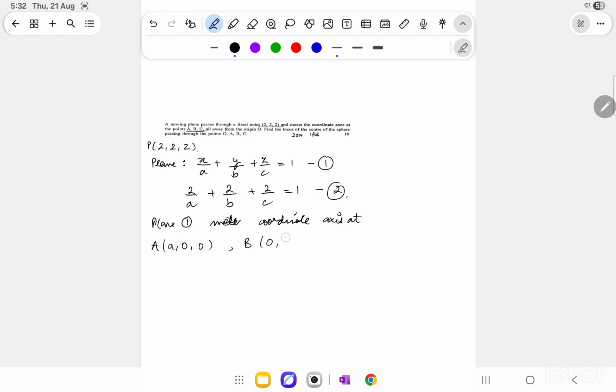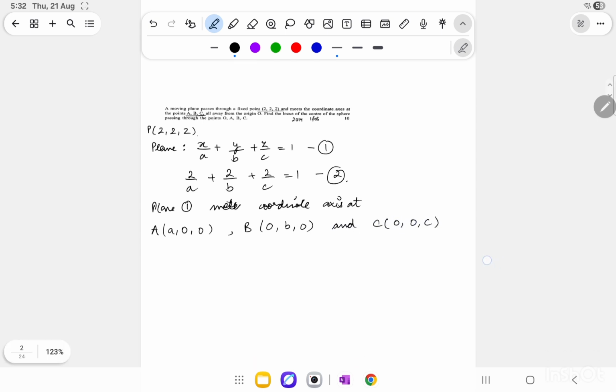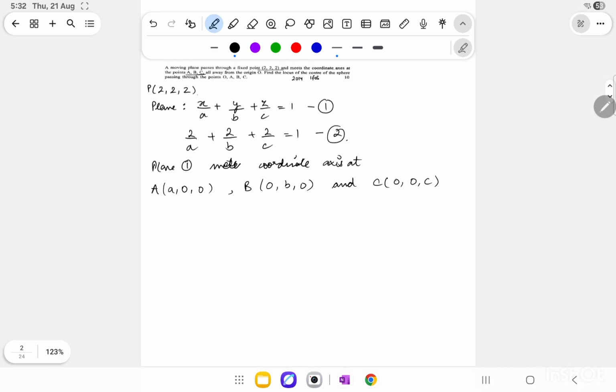Likewise my B will be 0, b, 0. And my C will be 0, 0, c. These points are away from origin. Further, it has asked me to find the locus of center of sphere passing via point O, A, B, C.